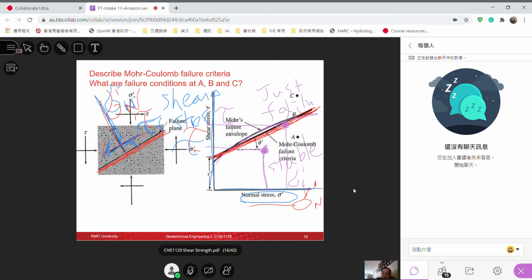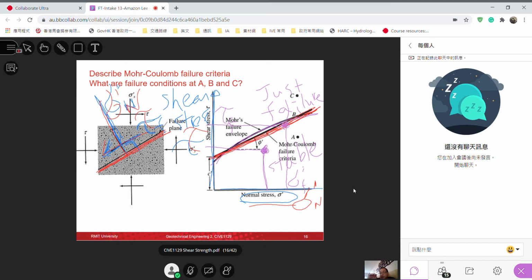If the force is a little bit smaller, it's stable. A little bit larger, it fails. Right at that line is the point of failure. That's the limit of how much combination of normal stress and shear stress the soil particles can support across this potential slip plane.